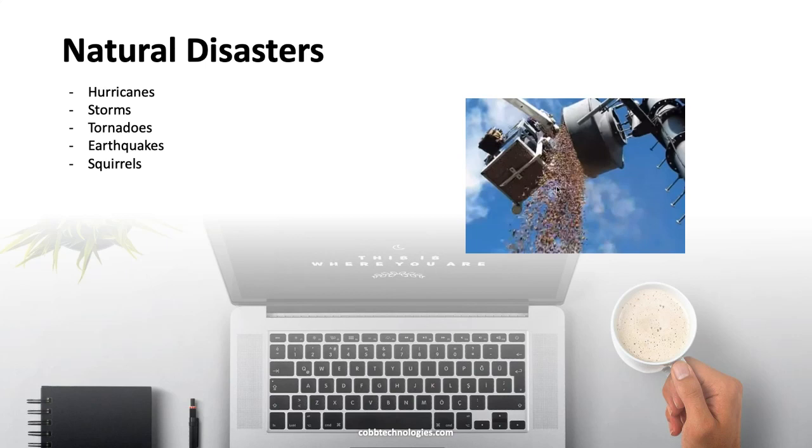These disasters can include hurricanes, storms, tornadoes, earthquakes, and even squirrels. If you look over there on the right, you can see that photo, and those are acorns falling out of a communications tower. Squirrels are known to put acorns where they shouldn't be and to chew on power lines, so they can cause catastrophic damage to the infrastructure that makes your network run.